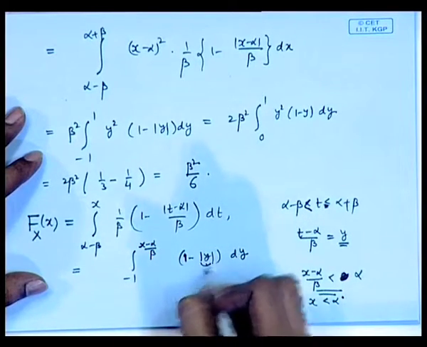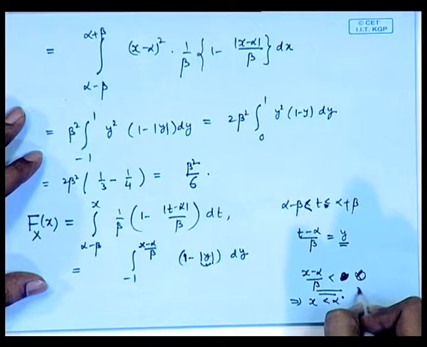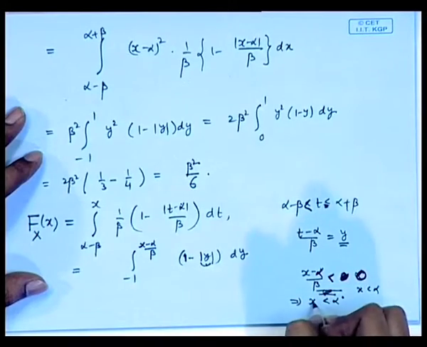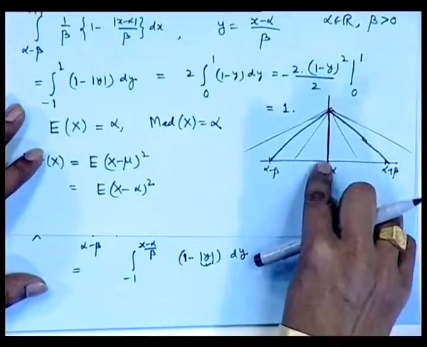Since we are looking at less than 0, (x minus alpha) by beta less than 0 means x is less than alpha, that is, it is before the point of symmetry.